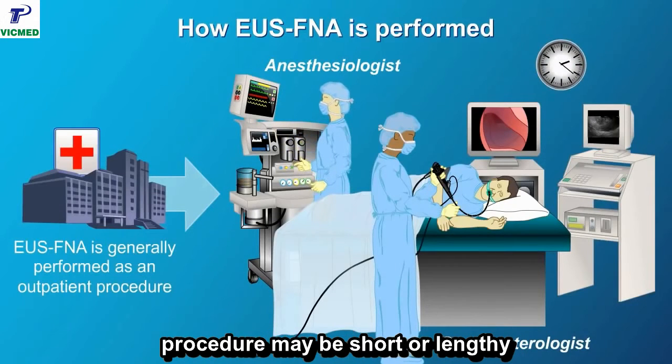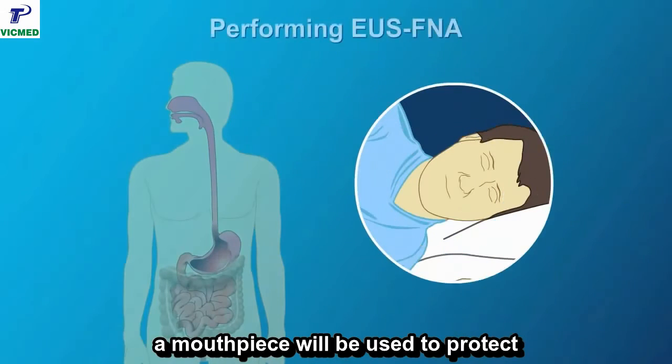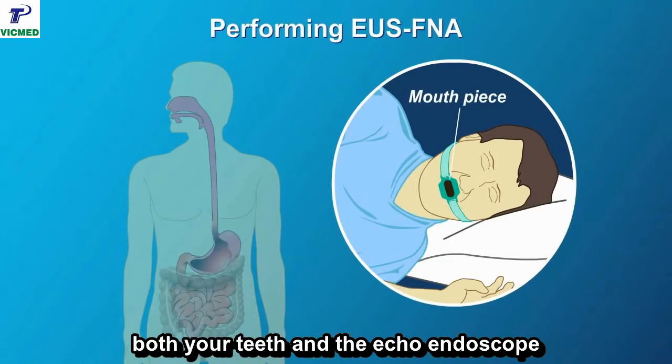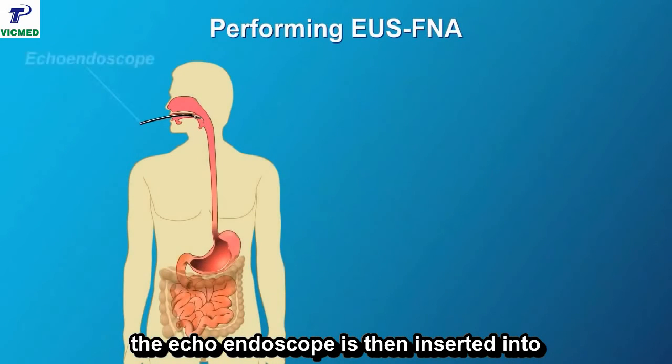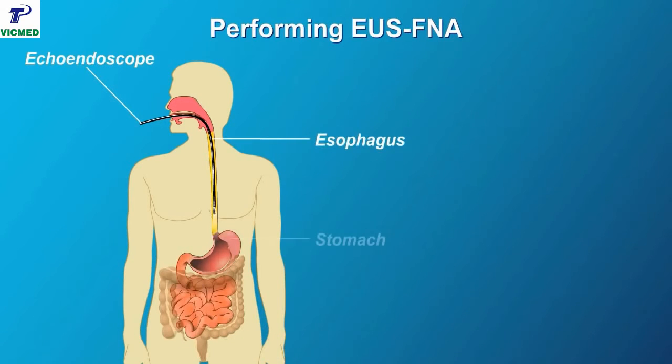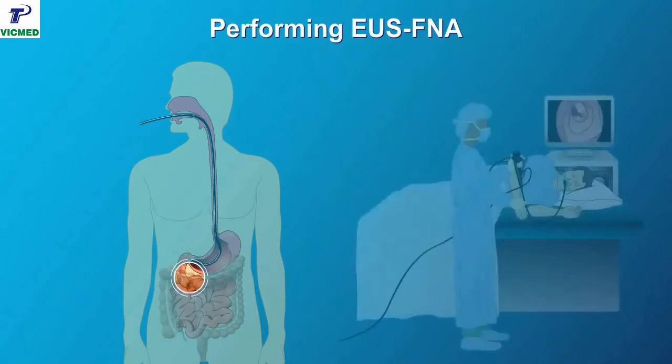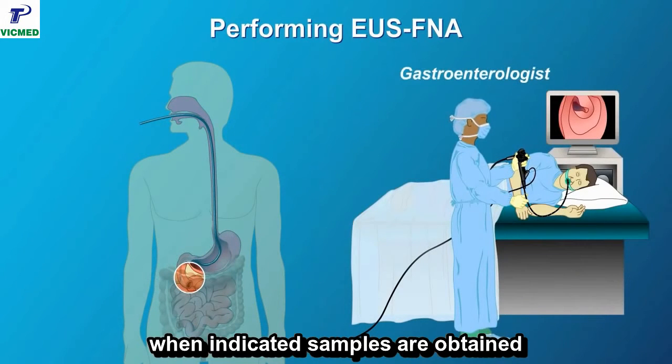The procedure may be short or lengthy, depending on the complexity of the case. A mouthpiece will be used to protect both your teeth and the echoendoscope. The echoendoscope is then inserted into the mouth, passed through the esophagus, the stomach, and into the duodenum. The area of interest is then carefully examined.